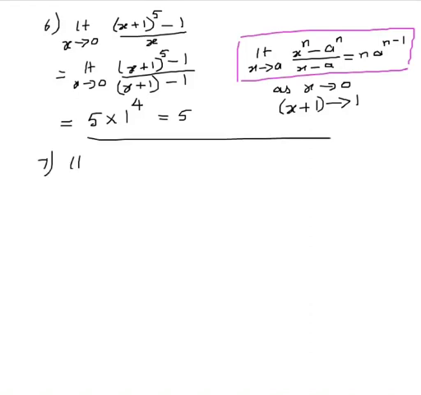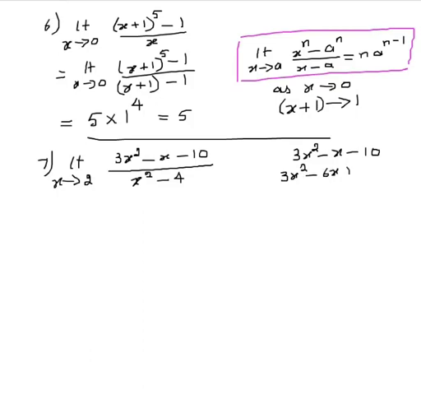Question 7. Limit x tending to 2 of 3x square minus x minus 10, divided by x square minus 4. Check the denominator. 2 square minus 4, the denominator becomes 0. Let us try to factorize. I am factorizing the numerator. Product is minus 30, sum is minus 1.